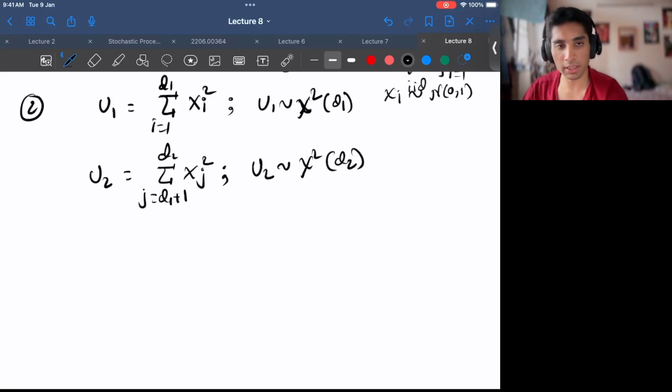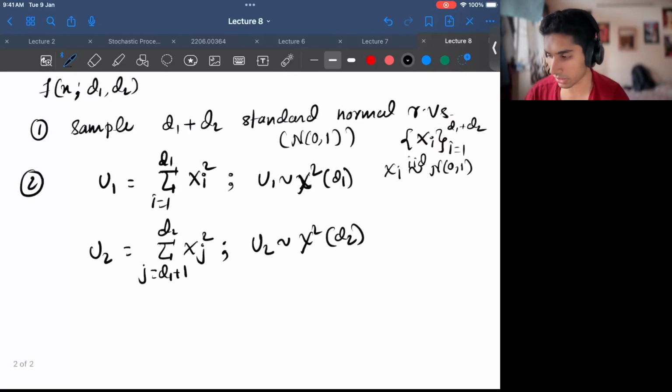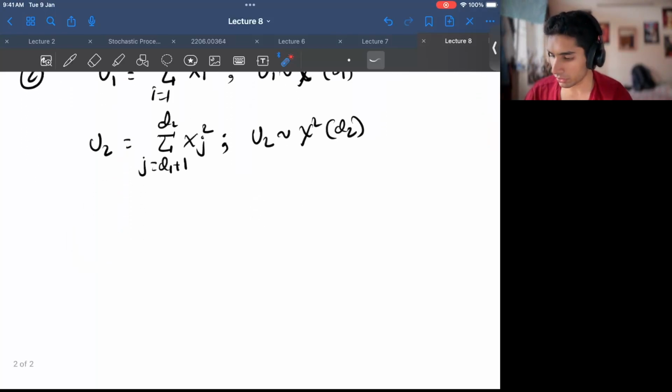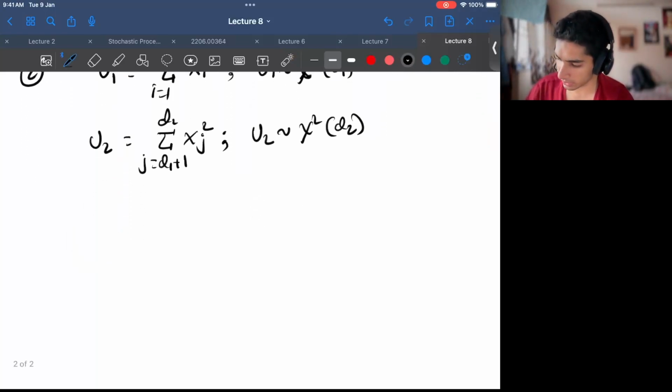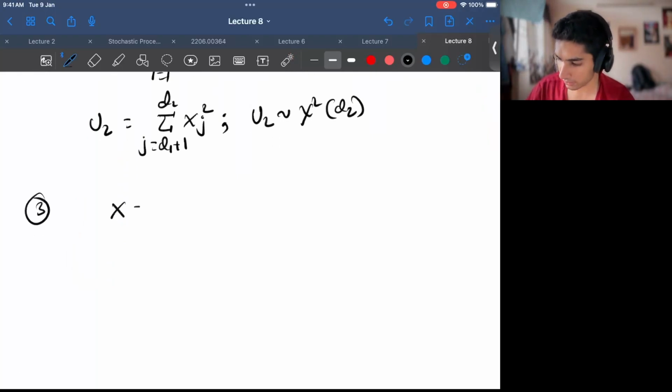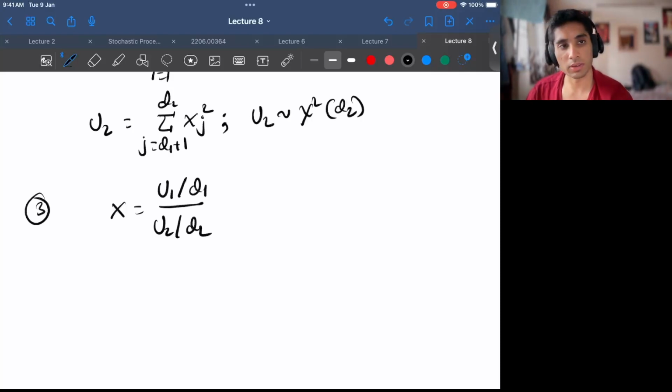Okay. So basically, first you sample standard normal random variables. Then using these random variables, you find u1 and u2. Okay. Once you are done with this, the third step is you find x, which is nothing but u1 by d1 divided by u2 by d2. Okay.